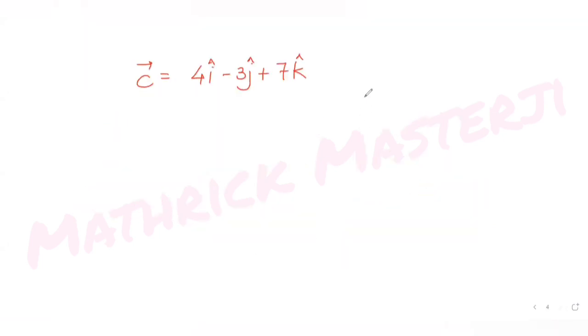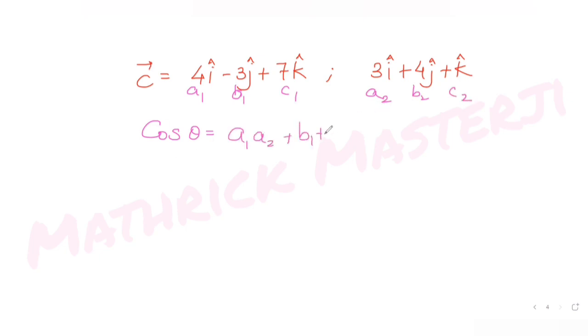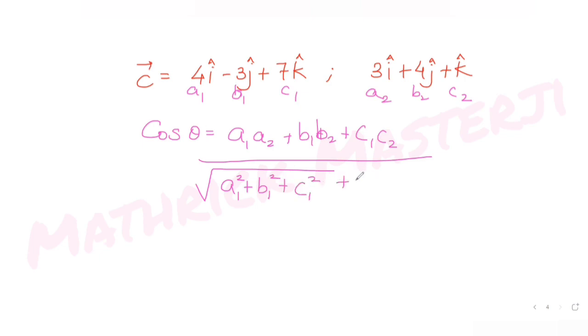And the question tells us that the angle between vector C and 3i plus 4j plus k is theta. So the other vector given to us is 3i plus 4j plus k. Let's try to find the value of theta. To find the angle theta, I know that if one vector has constants a1, b1, c1 and the second vector has a2, b2, c2, then cos theta becomes a1a2 plus b1b2 plus c1c2, divided by the square root of a1 square plus b1 square plus c1 square, multiplied by the square root of a2 square plus b2 square plus c2 square.